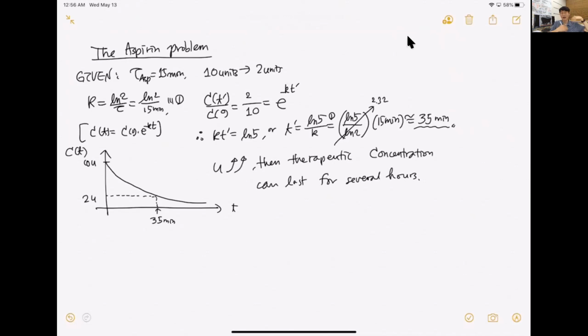If a large dose is administered, the effect can last as long as the concentration is above the therapeutic level. Of course, this assumes the initial dose is not toxic. Aspirin is in fact that case.